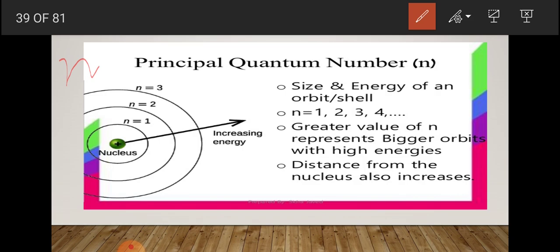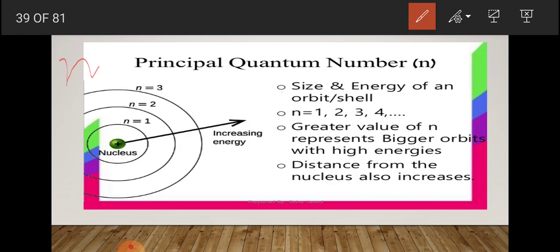The possible values of principal quantum number are from 1 till infinity, means any integer between 1 and infinity can be principal quantum number. And the energy of the electron and the radius of the orbit, that is the size of electron cloud, increases with the increase in the value of n.